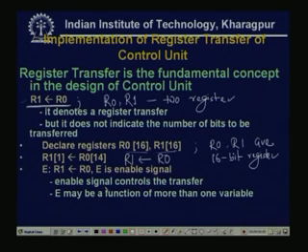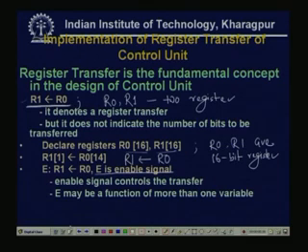Now, this is a conditional transfer, say E: R0 to R1. Here E is an enable signal. That means the enable signal controls the transfer. E may be a function of more than one variable.